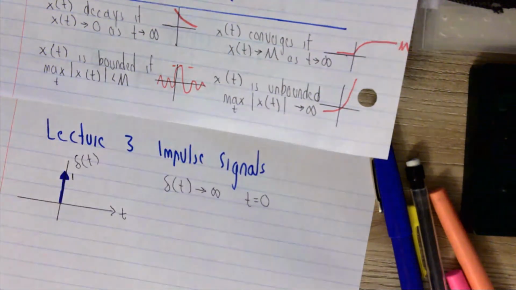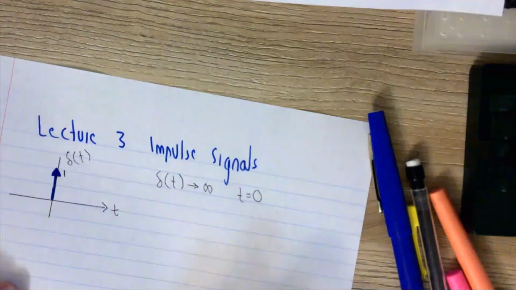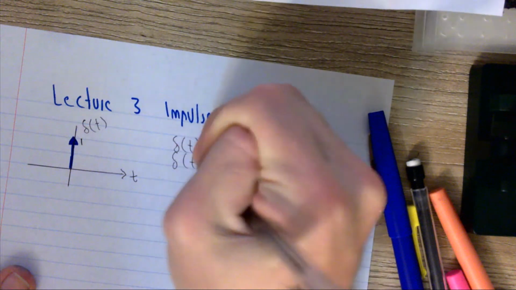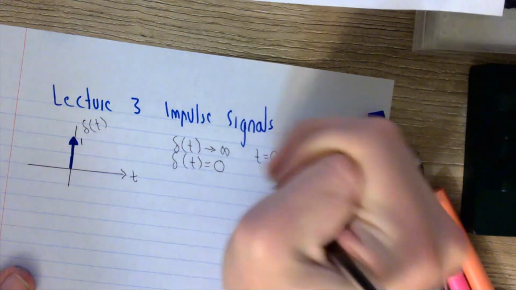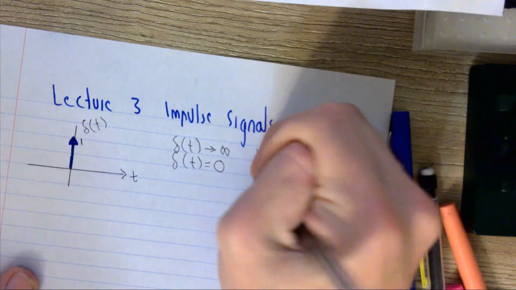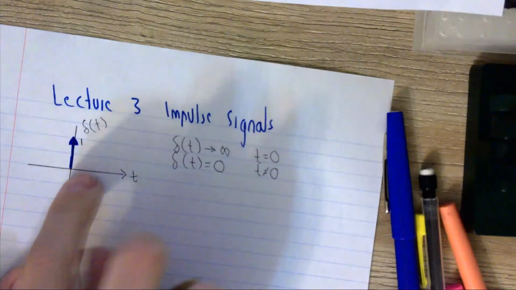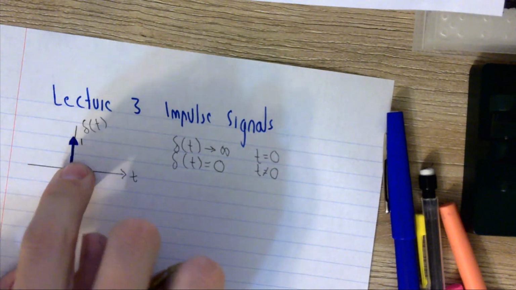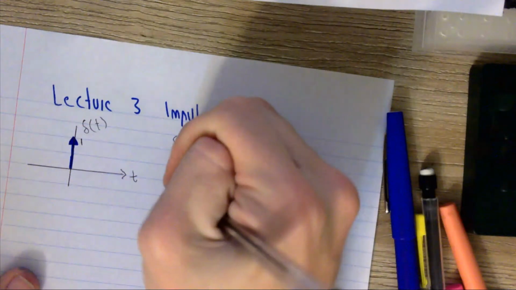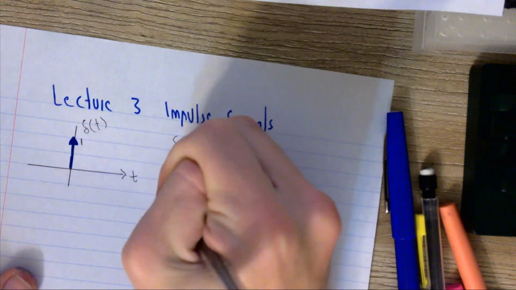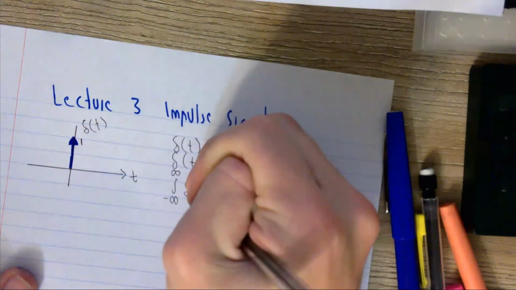And delta t is equal to 0 anywhere else, when t is not equal to 0, because anywhere else that delta t does not occur. And the integral of this delta t is equal to 1.